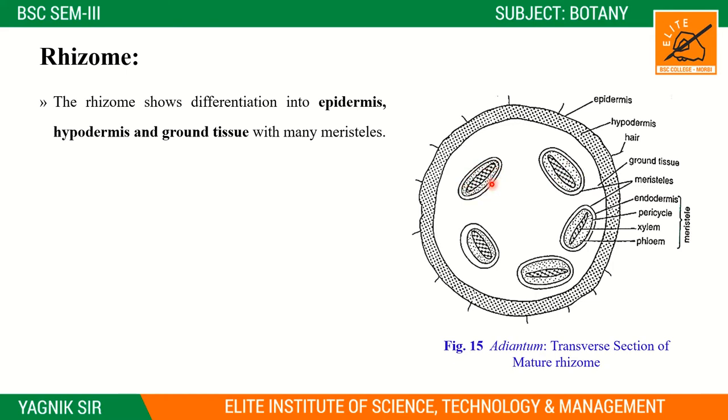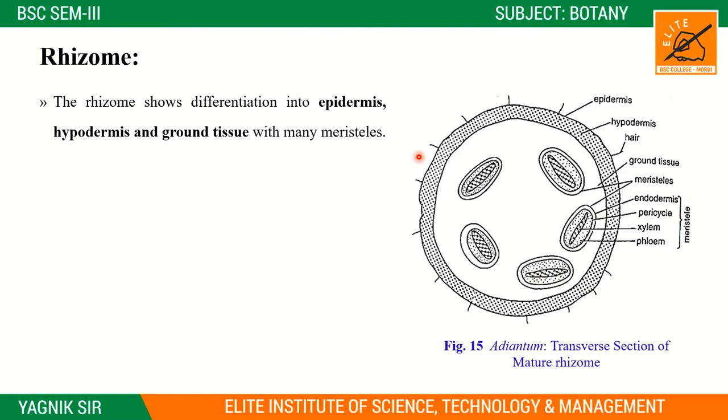This is one vascular bundle, this is another vascular bundle, this is another vascular bundle, and each of these vascular bundles has one endodermis and one pericycle layer, right? So here this vascular bundle has one layer of endodermis and one layer of pericycle. Here is the second vascular bundle, and this vascular bundle also has one endodermis and pericycle. So we can say this type of system has all separate vascular bundles.